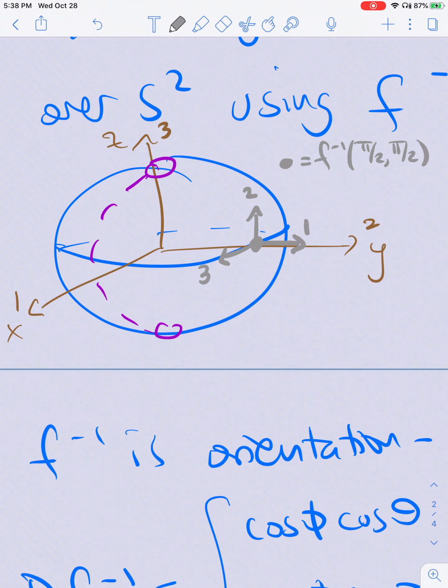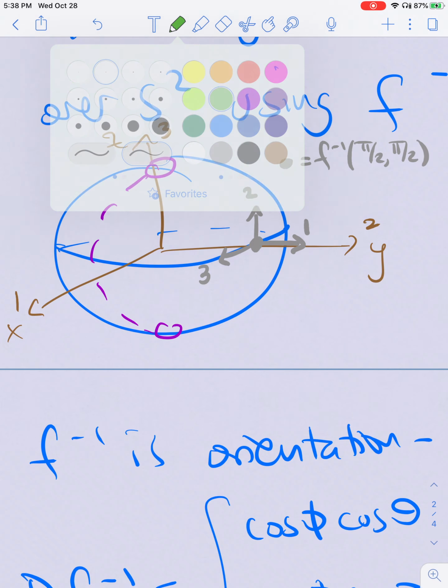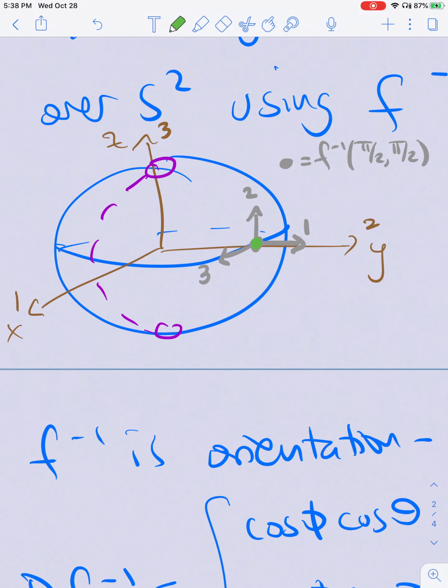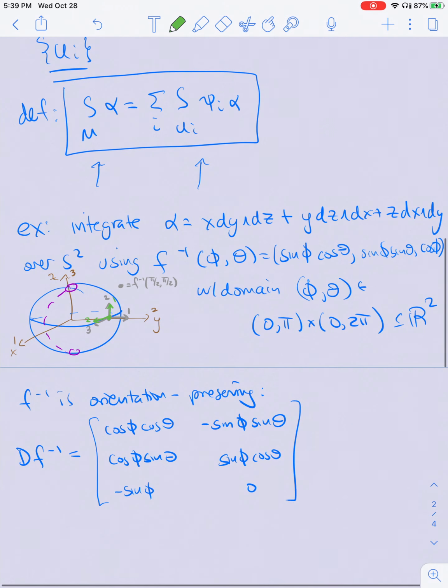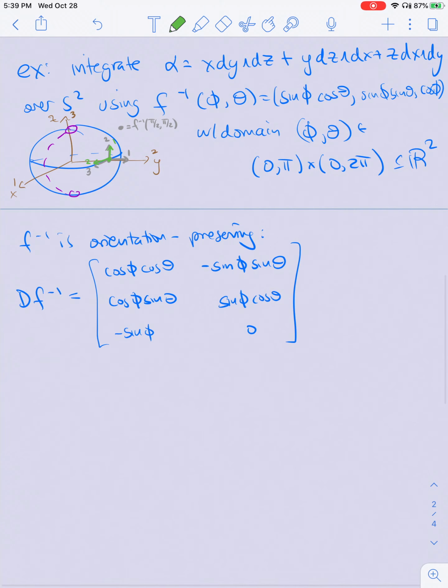So that means that at this point, if I restrict down to just thinking of this point as a point in S2, not in all of R3, this should be the first vector, and this one should be the second vector. Okay, so that gives me the orientation on S2 at that point, and then I sort of continuously extend it. So what I need to check is that dF inverse sends an oriented basis in these phi theta coordinates to an oriented basis equivalent to this green one on S2.